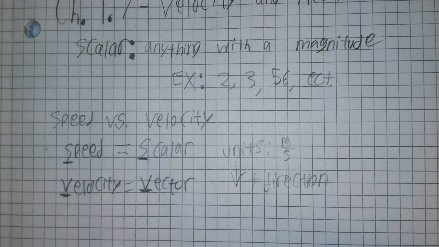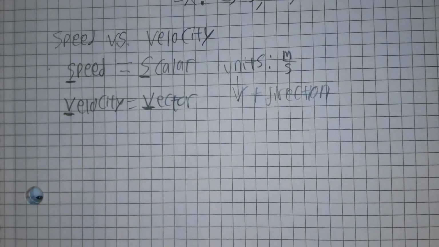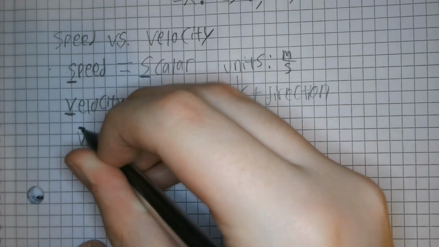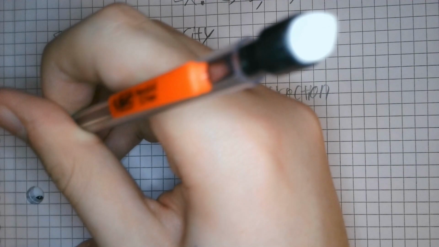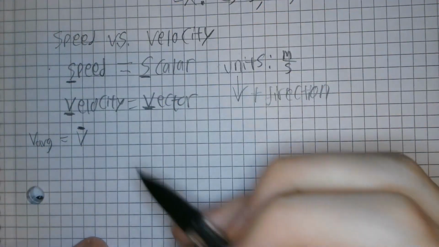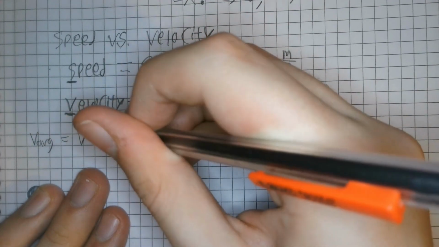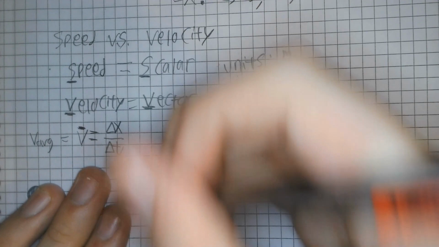So now I want to talk about a formula to calculate the average velocity of something. So our average velocity, which we can represent with this little bar, okay, is equal to the displacement over the change in time.